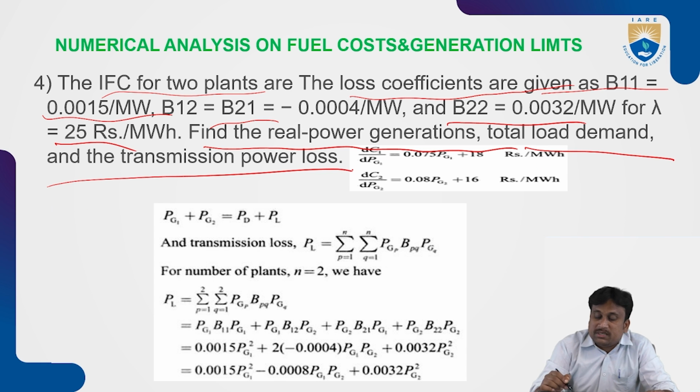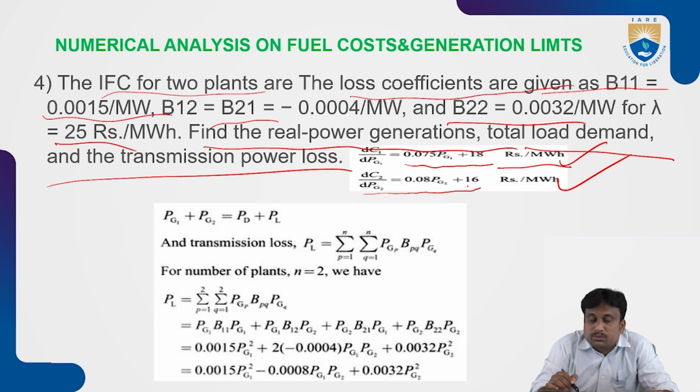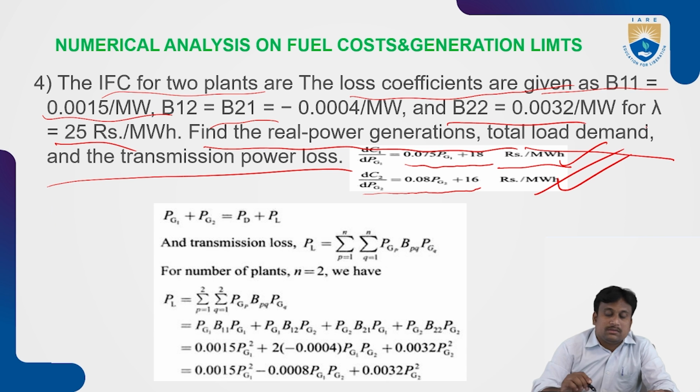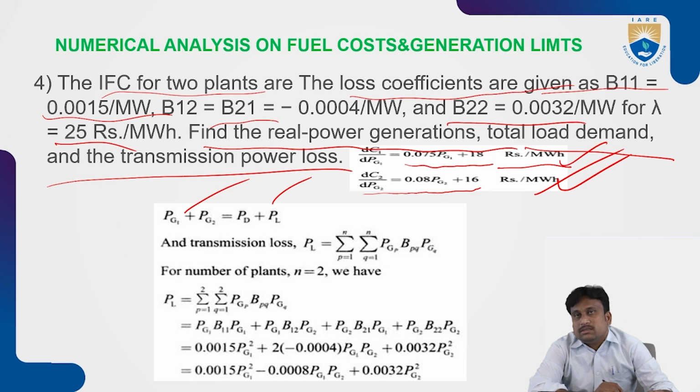So here are the expressions given for two units. dC1 by dPg1 is 0.075 Pg1 plus 18, which is in rupees per megawatt hour. dC2 by dPg2 equals 0.08 Pg2 plus 16 in rupees per megawatt hour. Now equate these: Pg1 plus Pg2 equals PD plus PL.